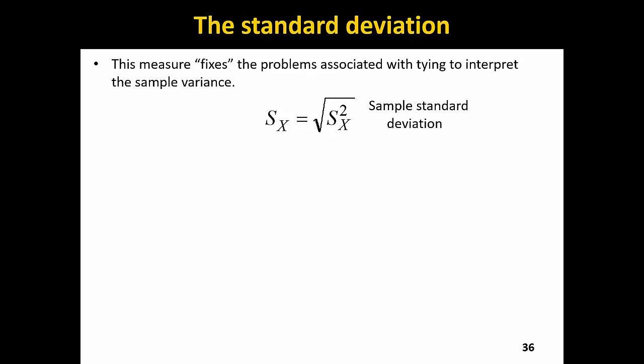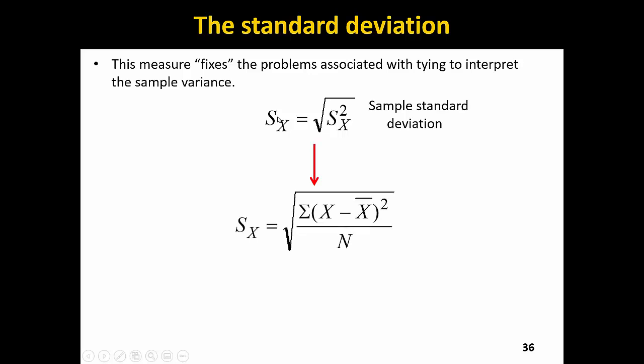The simple solution to this is to take that squared value in the opposite direction mathematically, and that's to take the square root. Whenever we have this operation, the square root symbol and the square value here cancel each other out, so we're just left with s sub x.